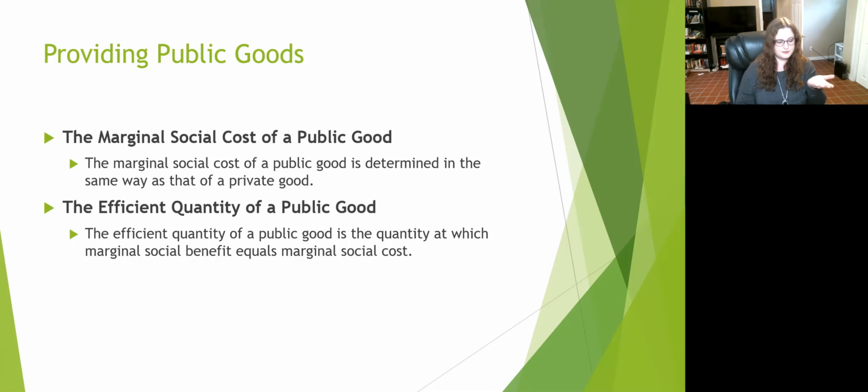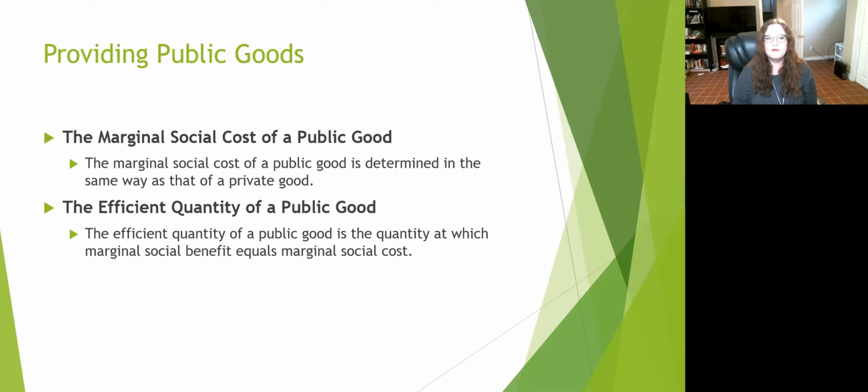So it's $100. But maybe if we start thinking about the people that live on the river, it costs house one $50 in damages, and house two $100 in damages, and house three $300 in damages. All of these costs together, that's our marginal social cost from a public good. So it's that similar horizontal summation, but for cost instead of benefit.